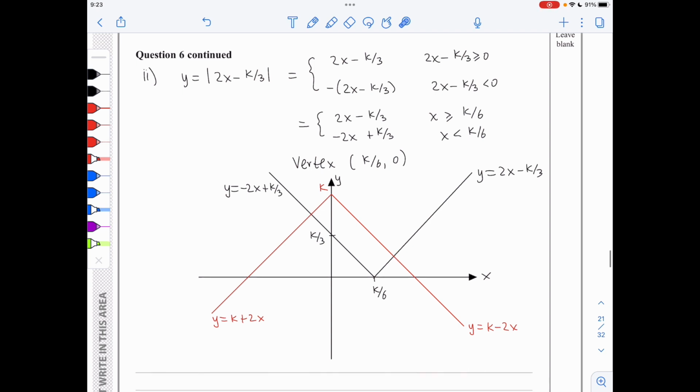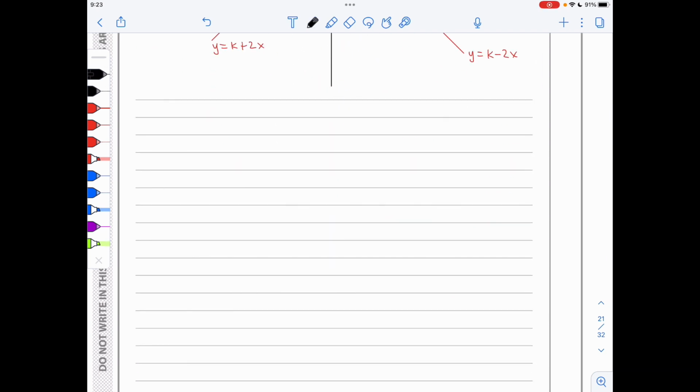So I will start by equating k plus 2x with (minus 2x plus k) over 3. I will multiply throughout by 3 to get 3k plus 6x is minus 6x plus k, leading to 12x is minus 2k, and therefore x is minus k over 6.